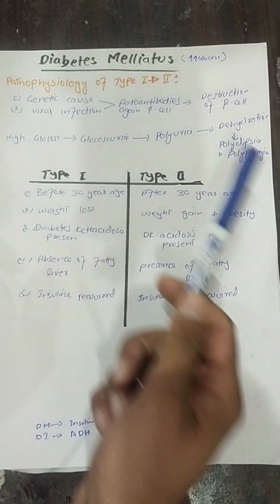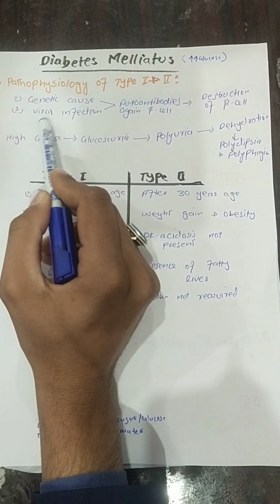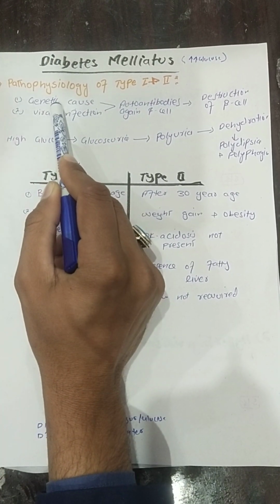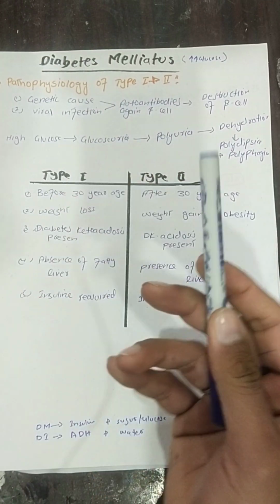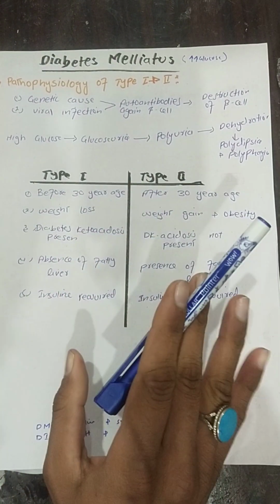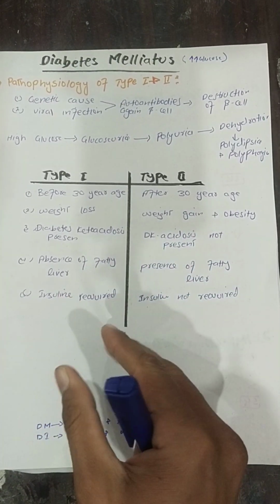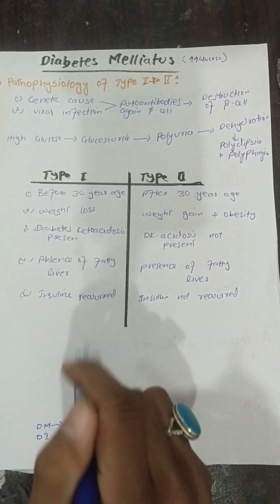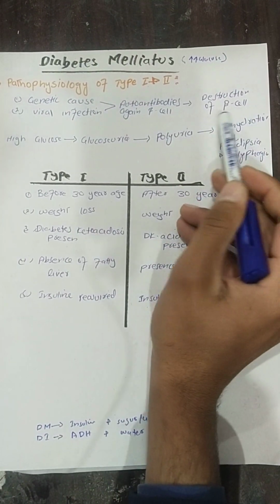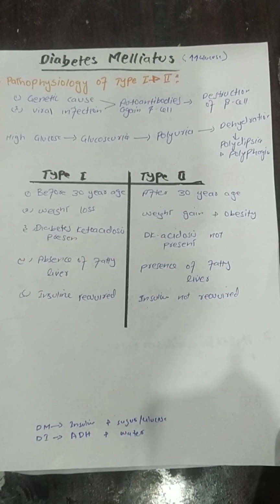I will explain the pathophysiology in words, just in written form. There may be a genetic defect or a viral infection. In the genetic defect, the person may produce antibodies against his pancreatic beta cells, because pancreatic beta cells are the cells which produce insulin. When antibodies are produced against the beta cells, the beta cells are destroyed, there will be no insulin, and we call this diabetes mellitus.